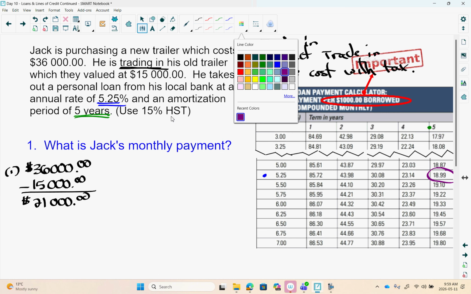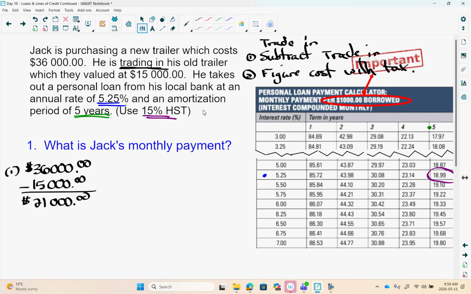So once again, 15% HST, that's 100% plus 15% because tax increases the price. It gives me 115%, which would be what as a decimal? What's 115% as a decimal? 1.15.